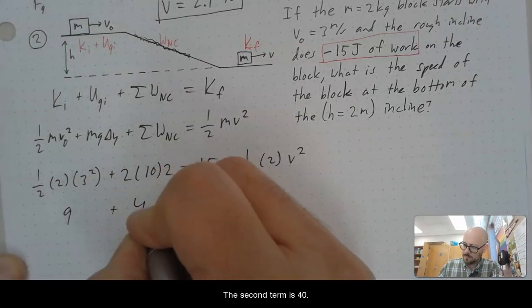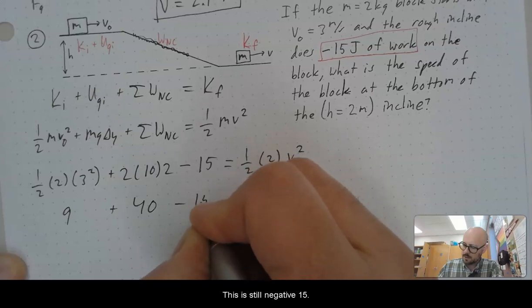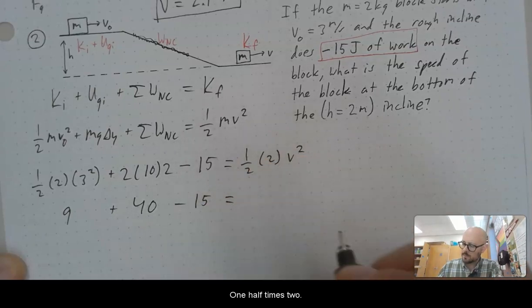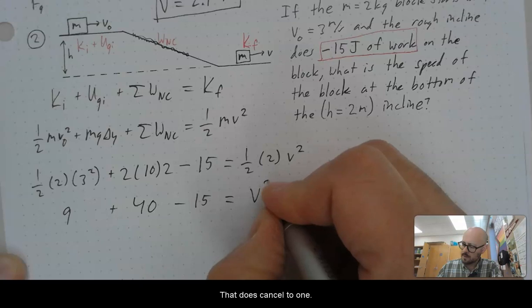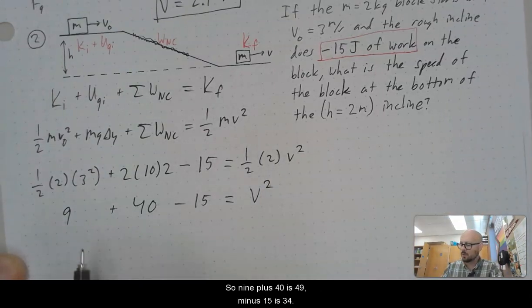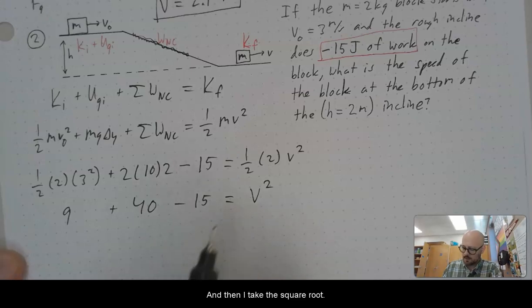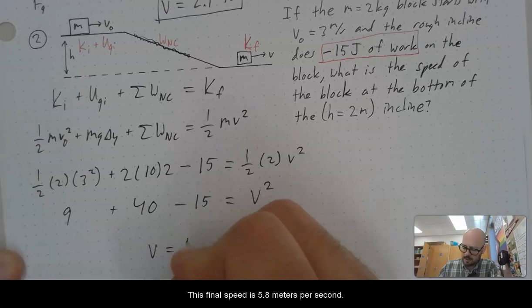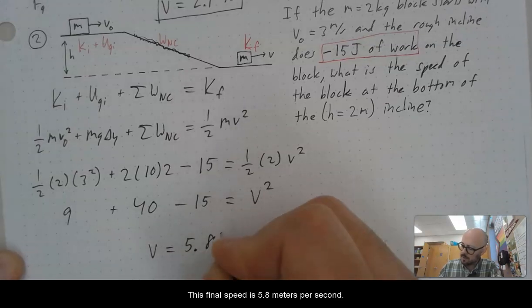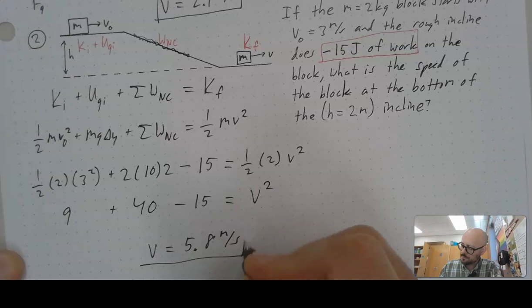The second term is 40. This is still negative 15. 1/2 times 2 does cancel to 1, and that's equal to v squared. So 9 plus 40 is 49, minus 15 is 34, and then I take the square root. This final speed is 5.8 meters per second.